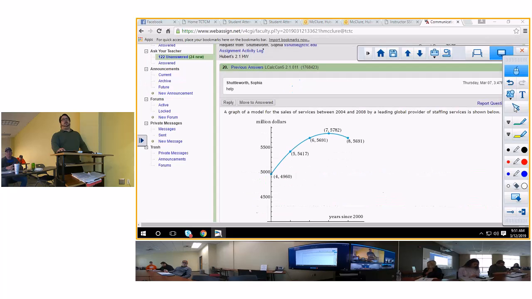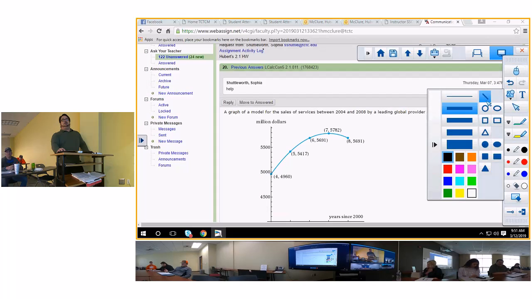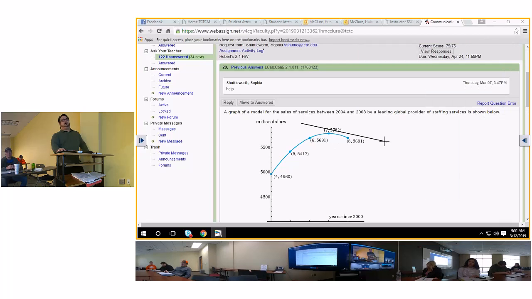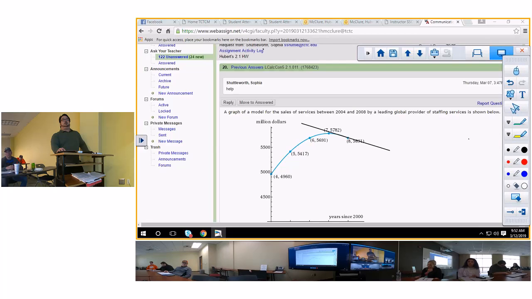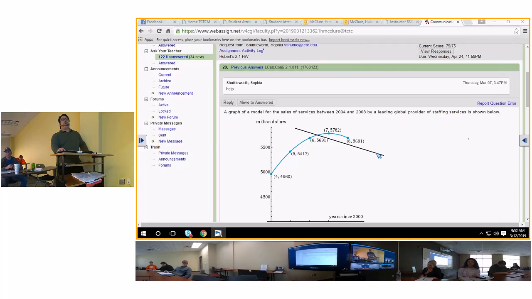So I'm going to take my handy dandy 2007, 2008. There you go. Now, I've covered up the number, so now you can't see the number. There, I'll put it back.